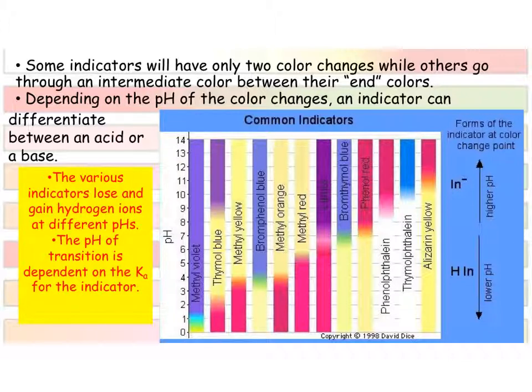Also notice that all of these indicators transition colors at a different pH. And that all has to do with what the Ka of that particular indicator is. And that tells us when it will lose that particular H and become the conjugate base and change color.